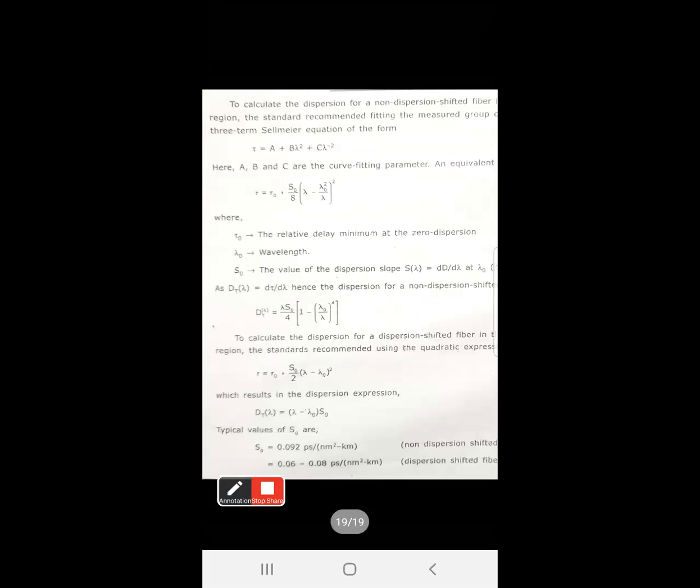And if you go for D of lambda is equal to d tau by d lambda, hence the dispersion represents capital D of lambda is equal to lambda into s naught by 4 into 1 minus lambda naught by lambda whole power 4. That is the dispersion for non-dispersion shifted fibers.